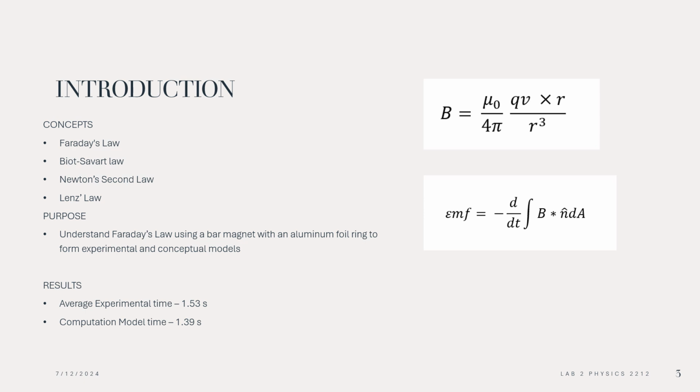It's actually mu naught divided by 4 pi times 2 mu, which is the magnetic dipole moment, divided by r cubed times r hat, of course. The purpose of this is to understand Faraday's law using a bar magnet with an aluminum foil ring to form experimental and conceptual models. The average experimental time was 1.53 seconds, and the computational model time was 1.39 seconds. Those are just a preview of the results.